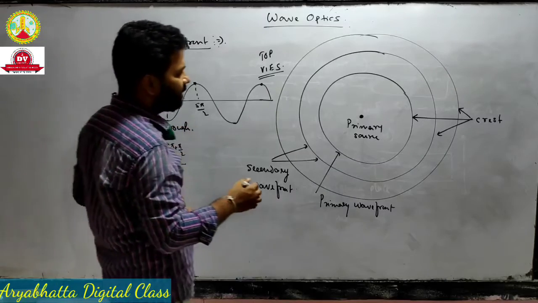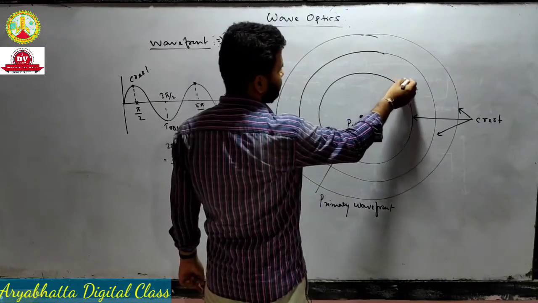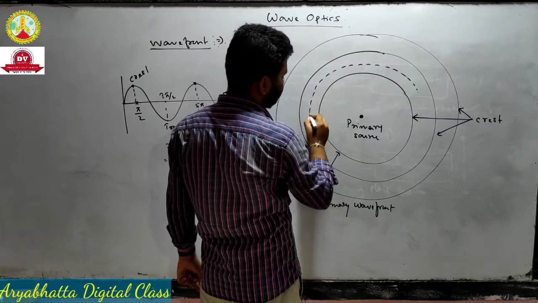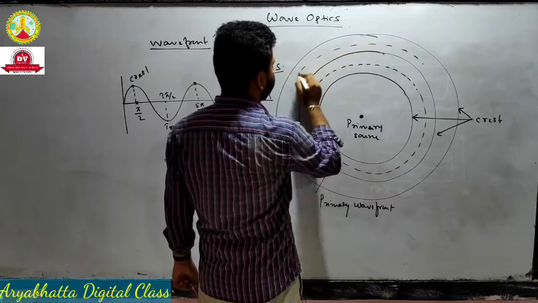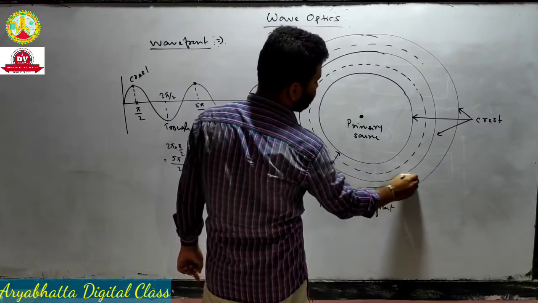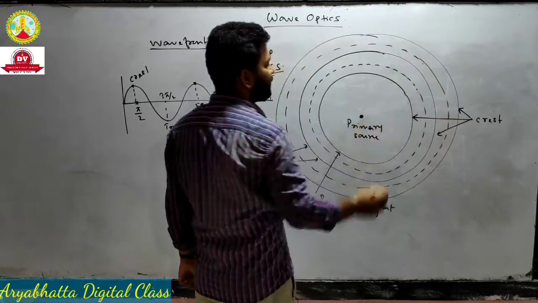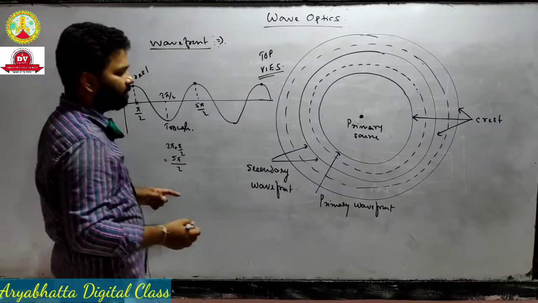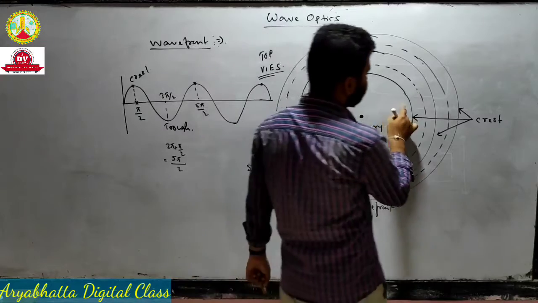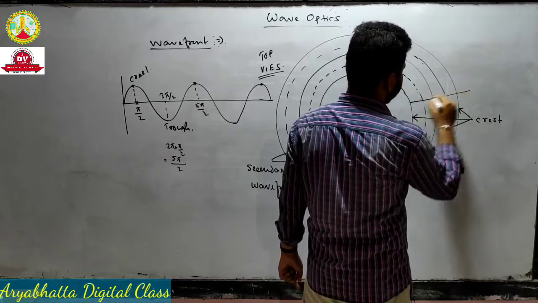Okay, so I will draw here a dotted circle. I will also draw here another dotted circle. So these dotted circles are representing the trough. Okay, for this crest, what is the phase?